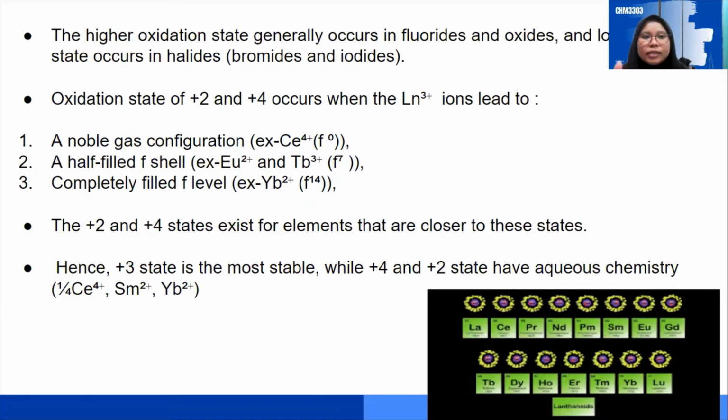Next, the higher oxidation state generally occurs in chloride and oxide, but the lower oxidation state occurs in halides, which is bromide and iodides.